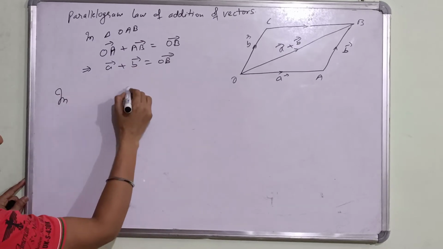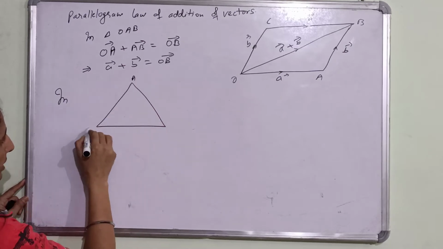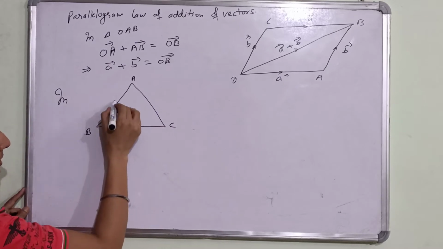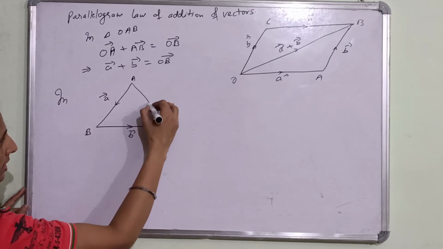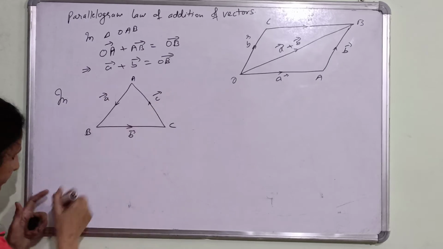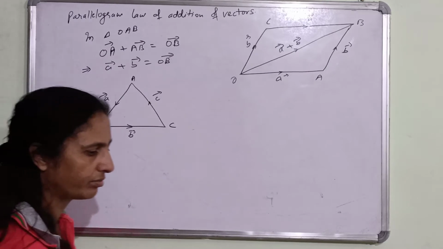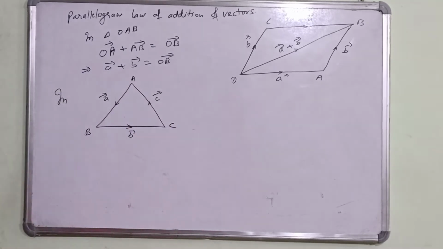Now in a triangle, ABC is a triangle, with vectors AB, BC and CA taken in order. In the triangular law, you have to just learn how it is used here.